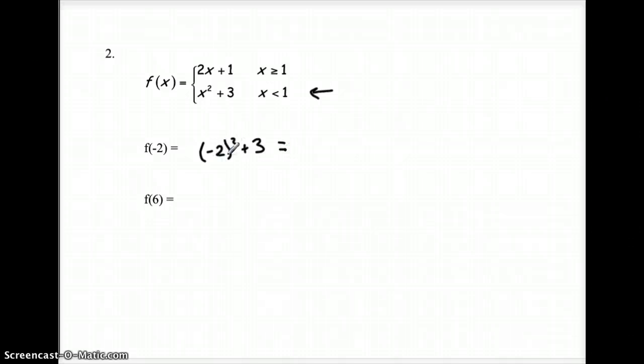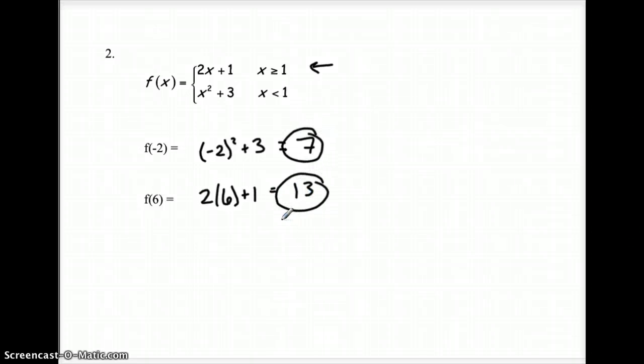So we actually get a +4 plus 3, which is 7. And in the second one, I'm 6, which puts me into the first equation, and I'm plugging in a 6. So 2 times 6 plus 1, 12 plus 1 is 13. So there are my 2 values.